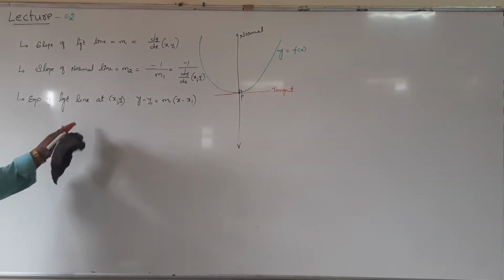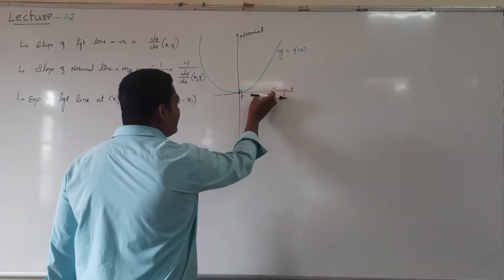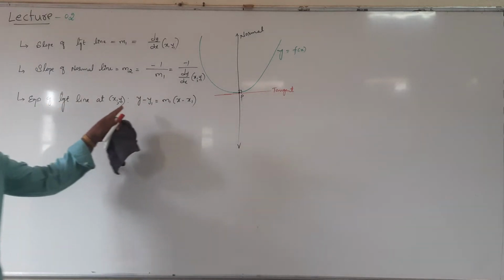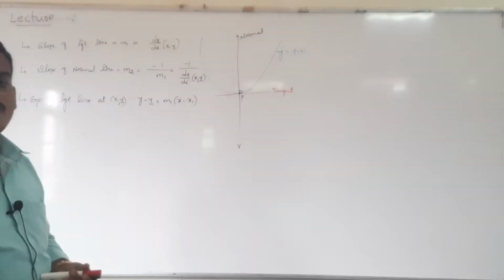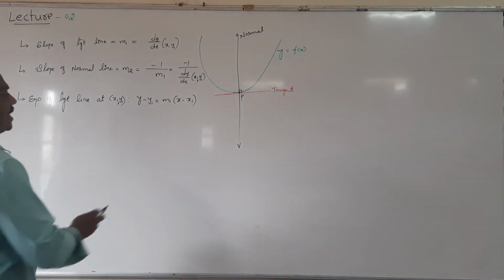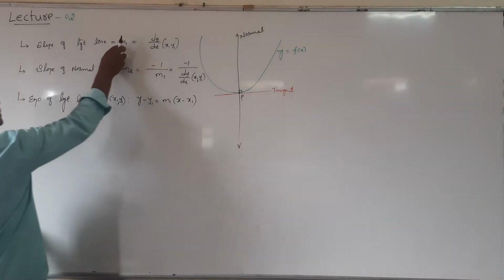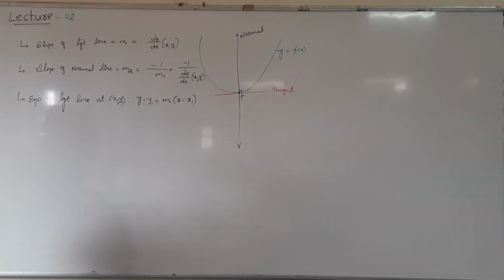This is the equation of this tangent line. Equation of tangent line is y minus y1 is equal to m1 into x minus x1. m1 stands for the slope of the tangent line.